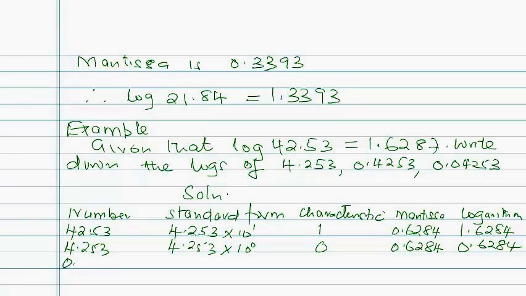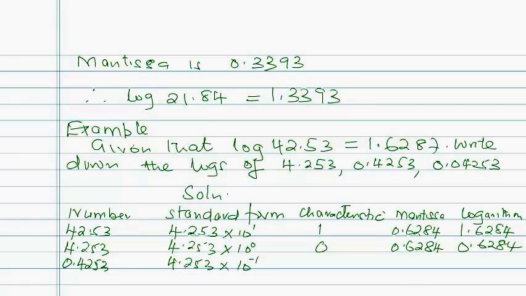For the third case that we need to deal with is whereby now we have the number we are working is 0.4253. If you write this one in a standard form, the decimal shifts to the right. This way to be 4.253 times 10 to power -1.